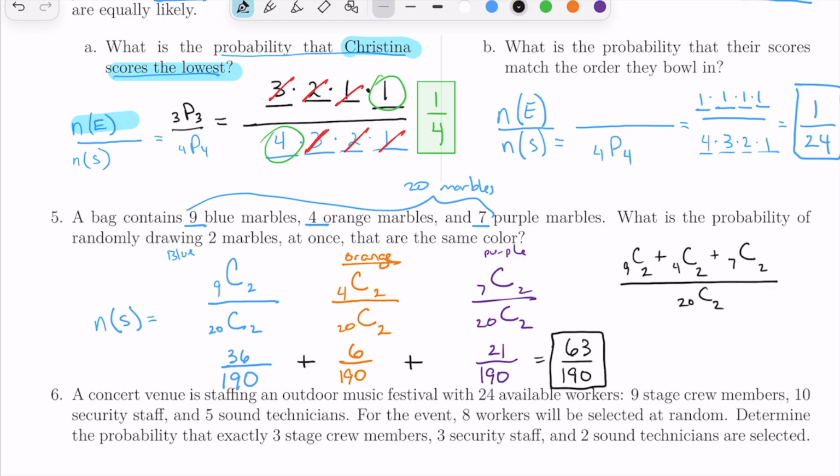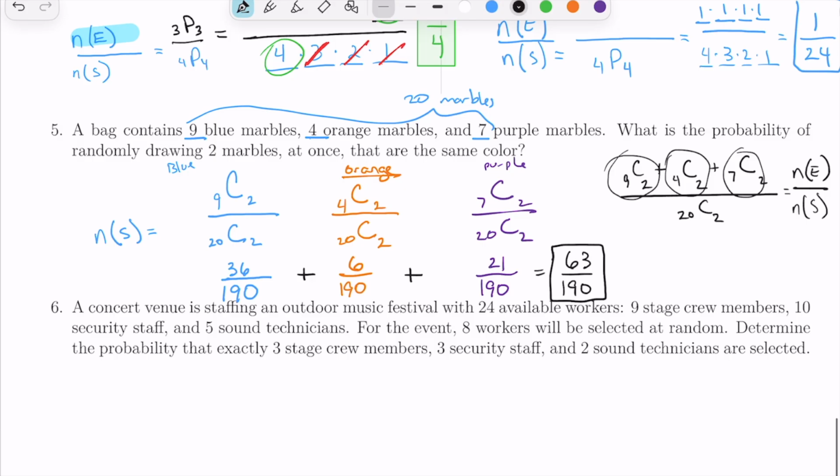This is kind of a little bit cleaner way of doing this. Again, the numerator gets you the total number of elements in our event, what we want, which is 2 of the same. And there's 3 different ways for us to get that. Either 2 blues, 2 oranges, or 2 purples. Any one of those would be winners. And then the total number of ways of choosing 2 marbles, of course, is 20C2.